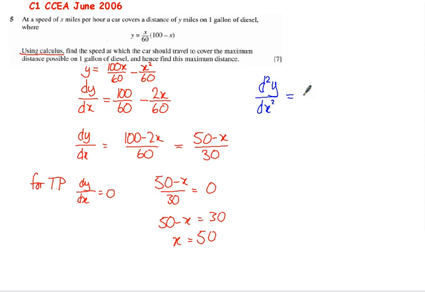Minus x over 30 will be minus 1/30. That's a negative number, which implies an unhappy face, a maximum turning point.